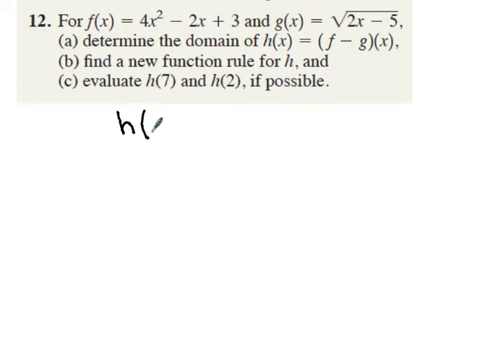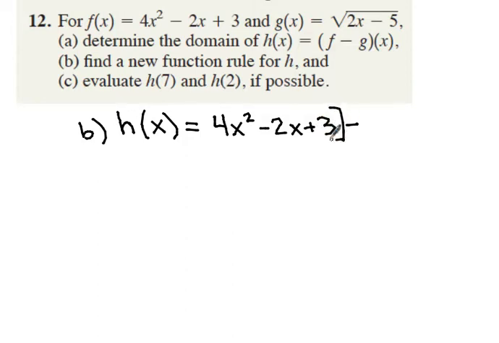So we're going to start with h of x, which is part b. And we're going to see that this is going to equal f of x, 4x squared minus 2x plus 3, minus g of x. Okay, so this is your f of x basically, and this is your g of x.